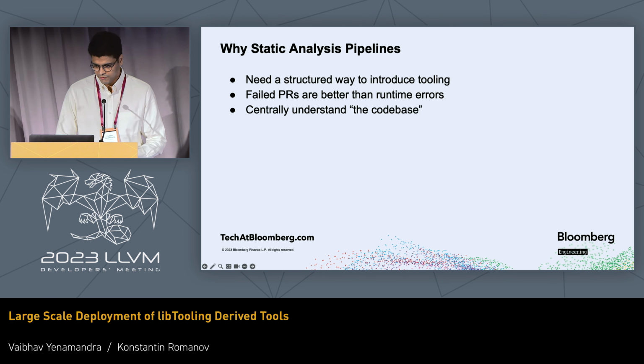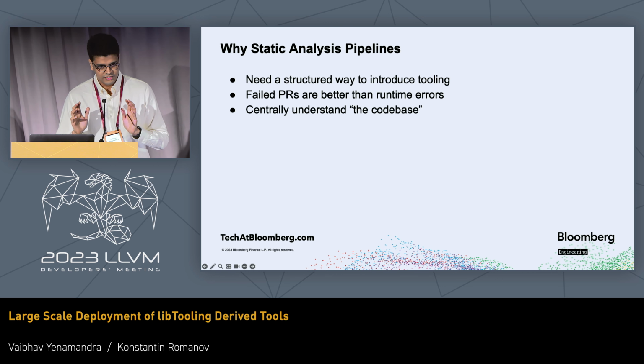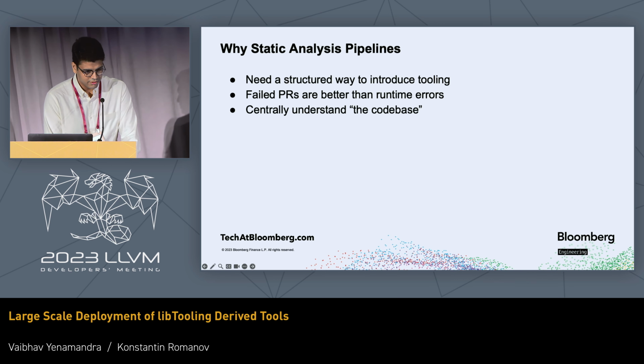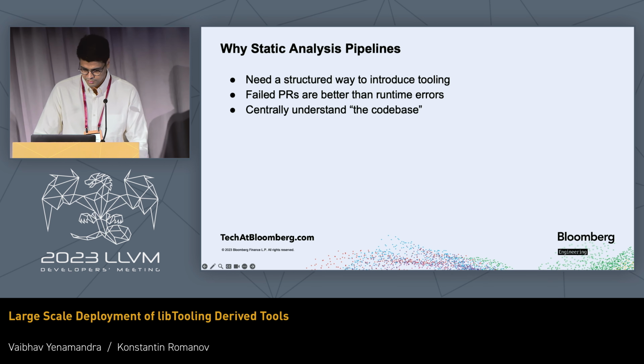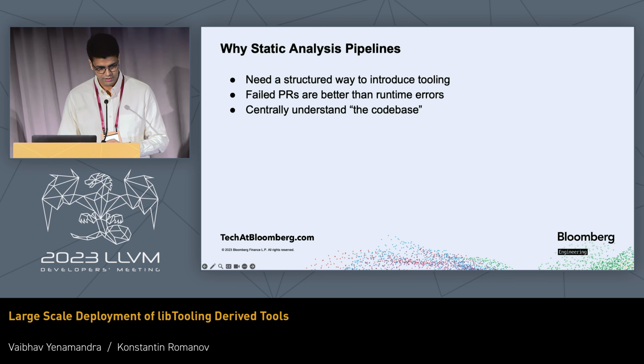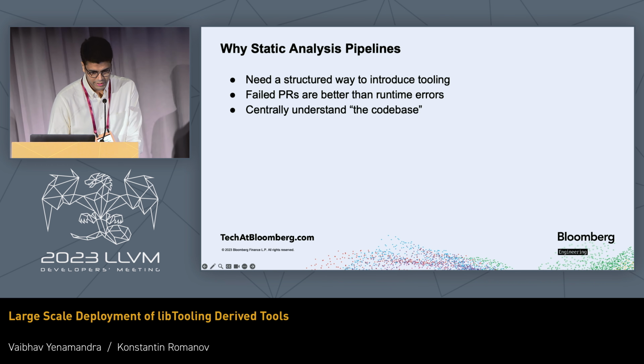So why do we build static analysis pipelines? The main takeaway from the last slide was there is a lot of code and it changes really quickly. So we need some kind of structured way to introduce tooling that isn't just the compiler. This lets us detect issues early and introduce new and custom tools that could go beyond -Wall and -Werror.